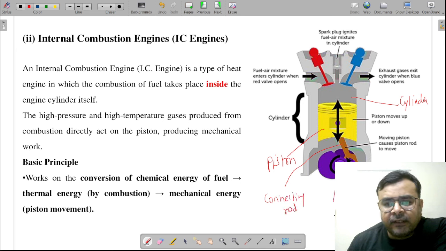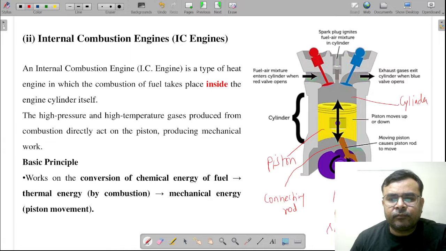And this is a crank. Is that right? Crankshaft actually. This is a crankshaft. And this is a crank. And of course, these are the two valves, inlet and outlet valve. Okay.